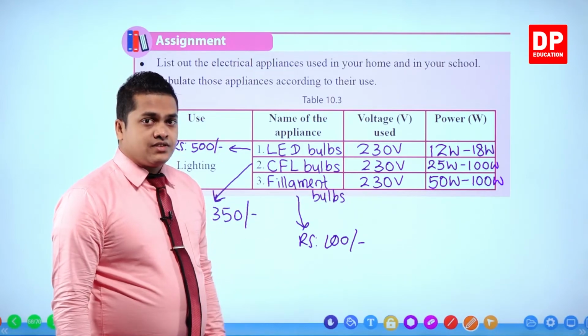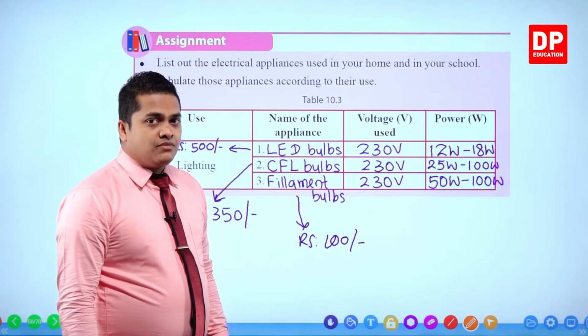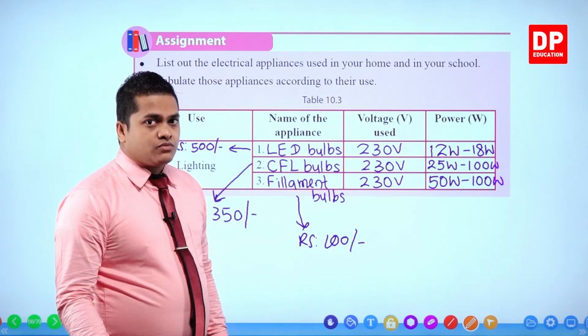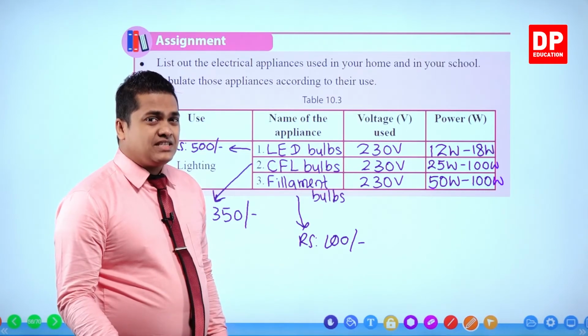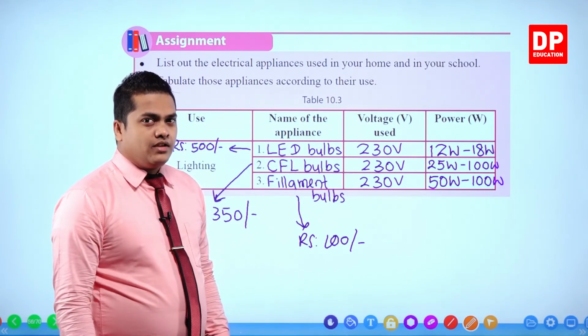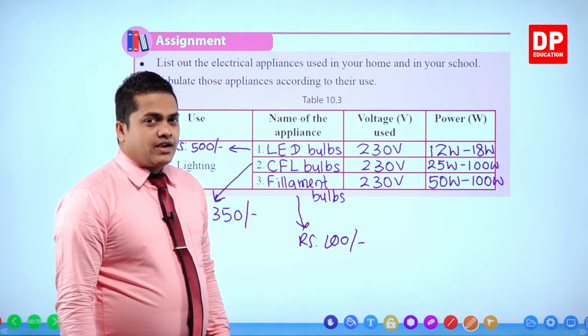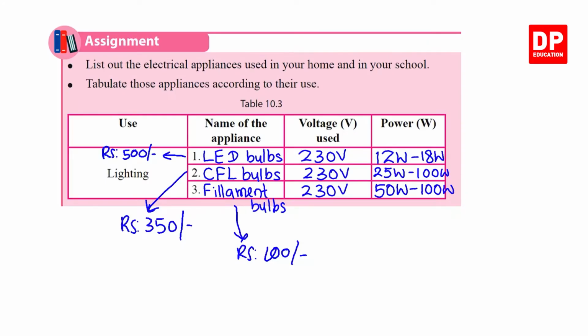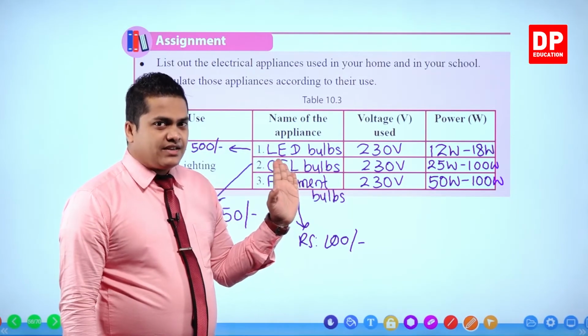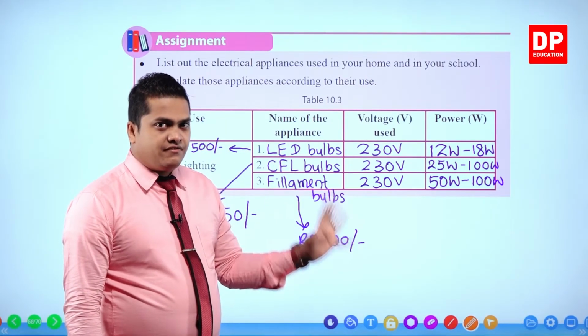Check the watt values. I told you that in order to light up our house by using a filament bulb, at least a room, we have to use maximum 200, or else the minimum value that you can use is at least 50.